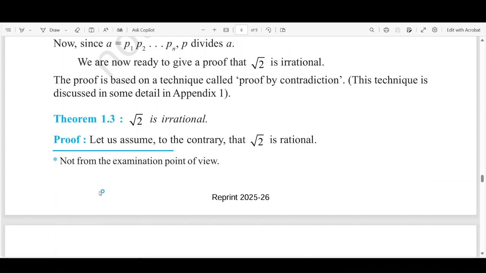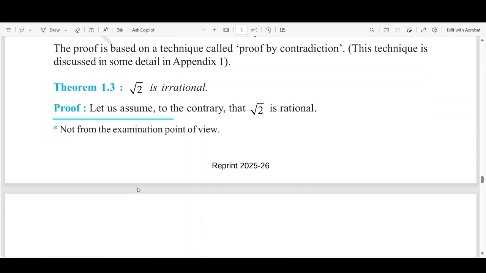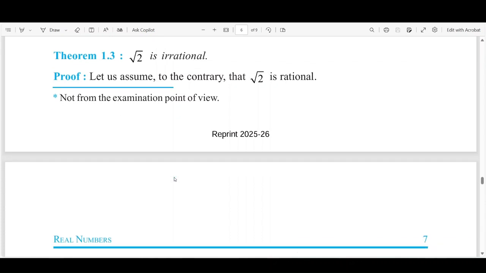By theorem 1.3, we could prove root 2 is irrational. In order to prove this, they are adopting a special technique known as proof by contradiction. So in this technique, we assume the result in a contradictory way and we arrive at a result which is not true. Thus, we will conclude our result.